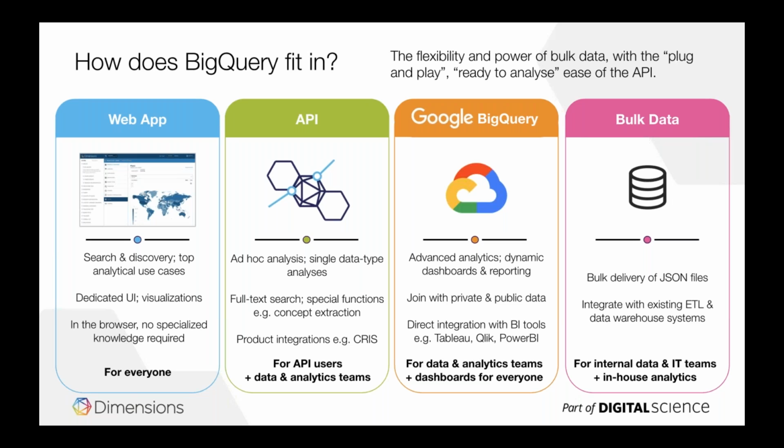Yeah, the API essentially allows you to search within the full corpus of documents in Dimensions by looking at the full text. The API, however, doesn't perform so well if you're building some really large analysis. So for example, if you're looking at creating some statistics for all publications for a research organization and maybe compare the statistics with the publications of another research organization, you're probably looking at hundreds of thousands, if not millions of objects.